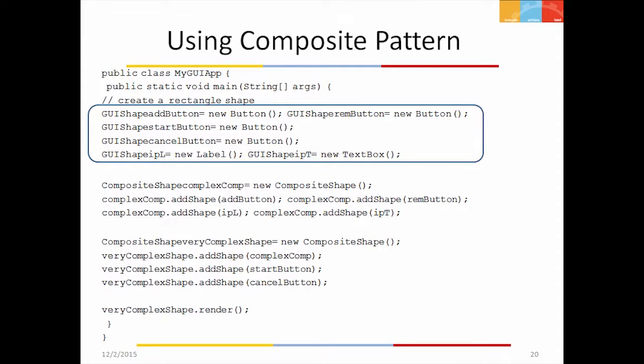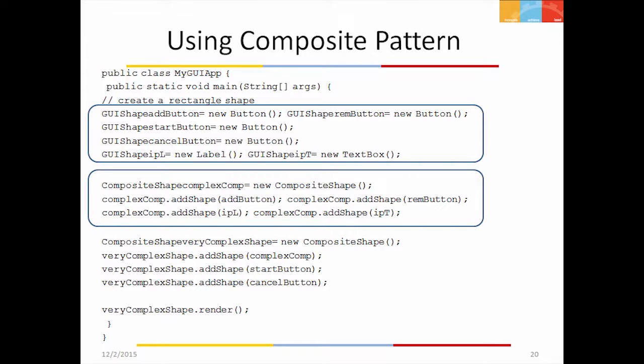Then I'm going to create a composite object. So in this composite object, I am actually adding a button. Actually I am adding 2 buttons, add button and rem button or remove button.